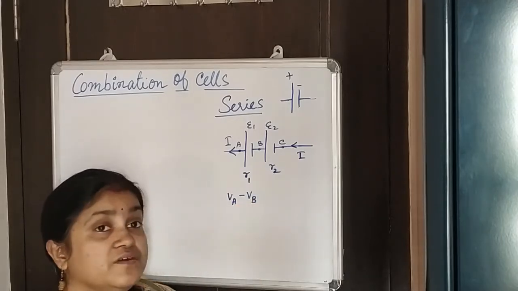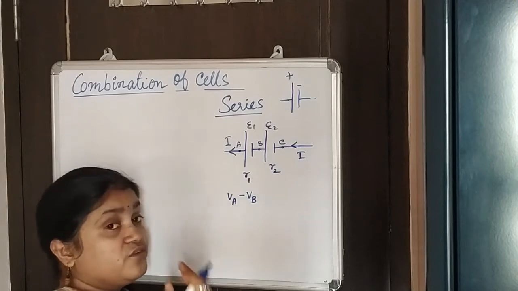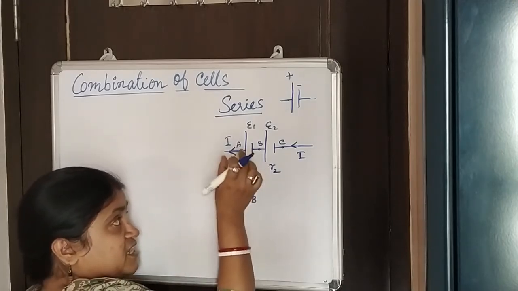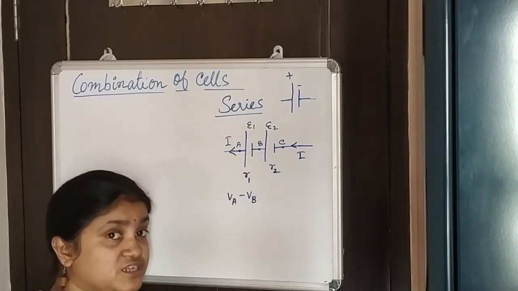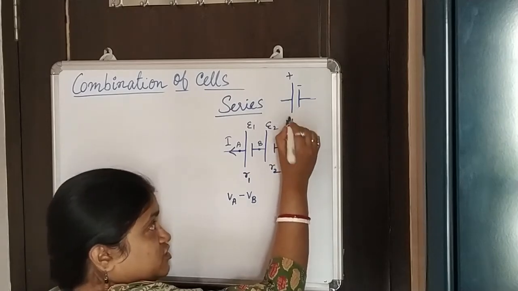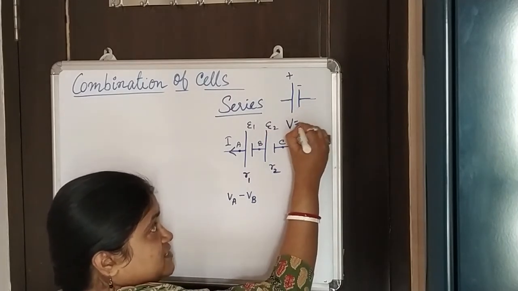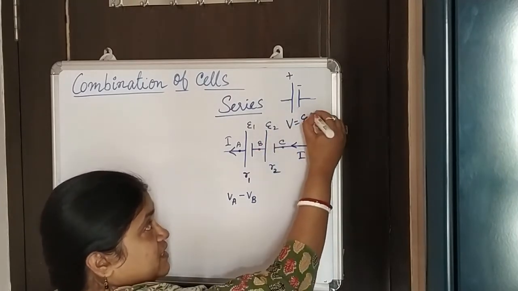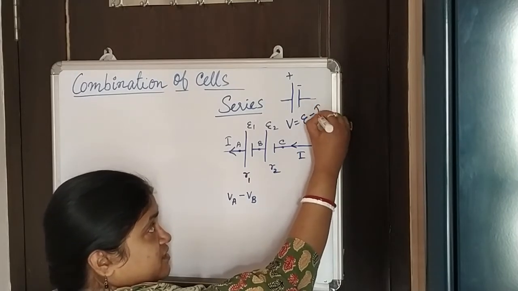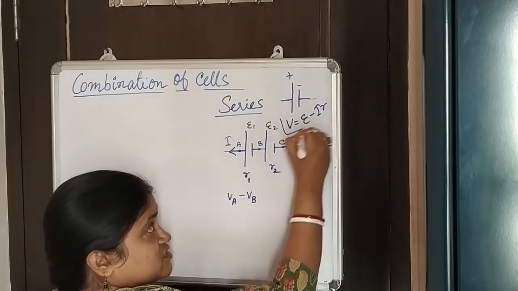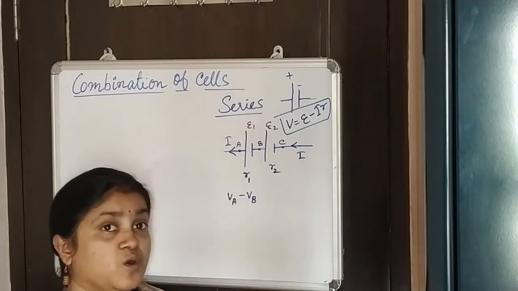From our knowledge, we have already learned that for a cell, the potential drop is the EMF of the cell minus the current times the internal resistance. We know this formula already.